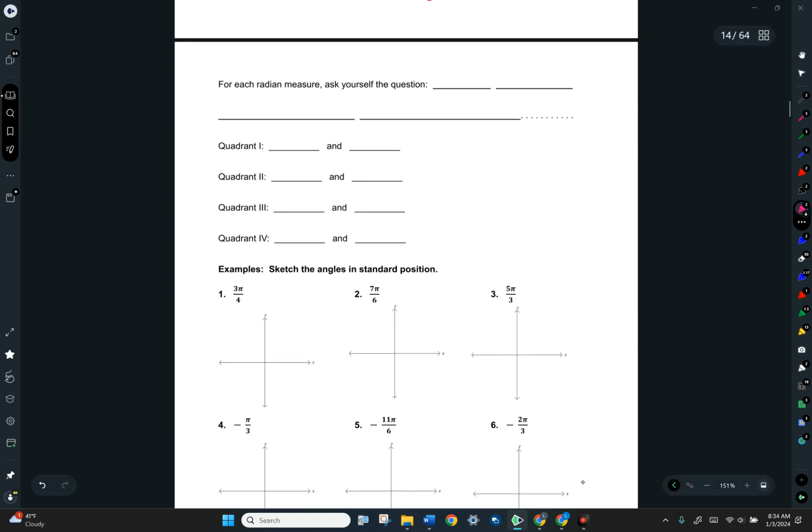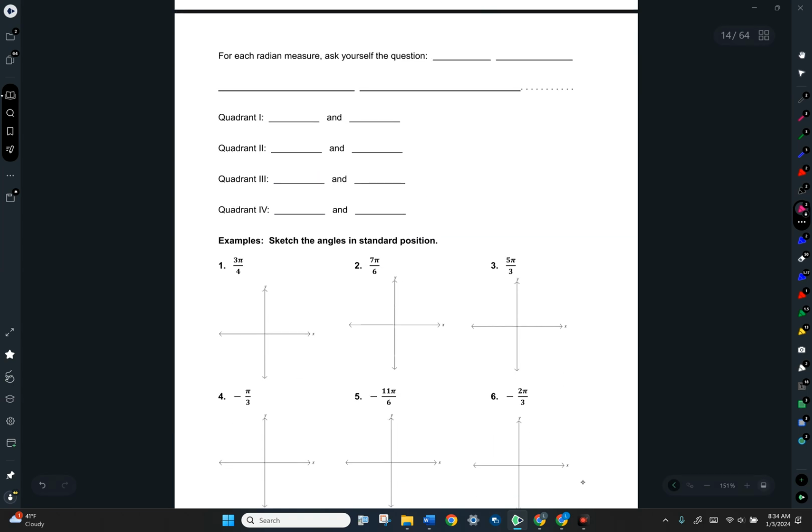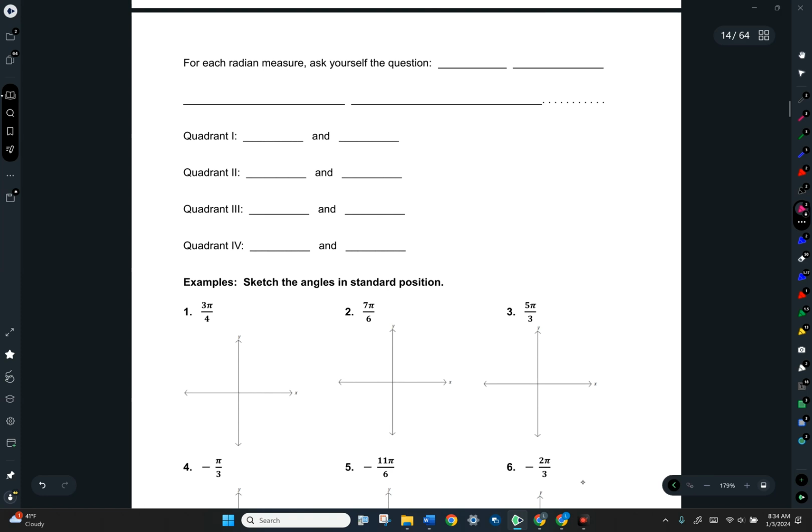Okay, so if I want to think through not having to switch to degrees every single time to know where it is, here's what we're thinking. For each radian measure, you're going to ask yourself the question, is the fraction between, so think about what we said, every quadrant is a half of pi.